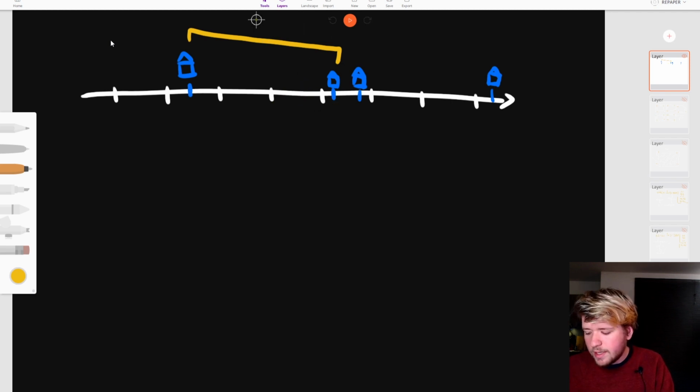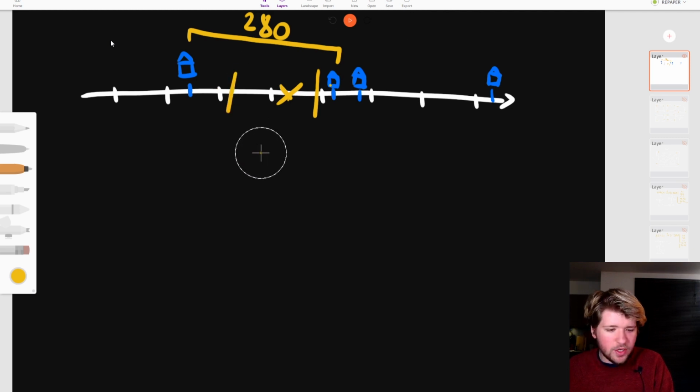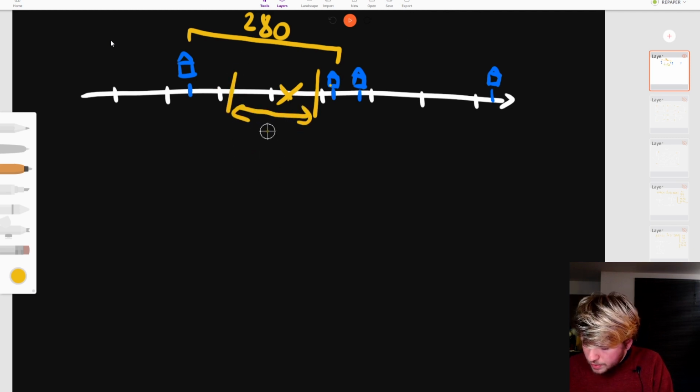So here, let's say I have 280 units in size. The area of influence, which is at the halfway point between our shop and the shop on the right, and the halfway point between our shop and the shop on the left, will be 140 all the time.